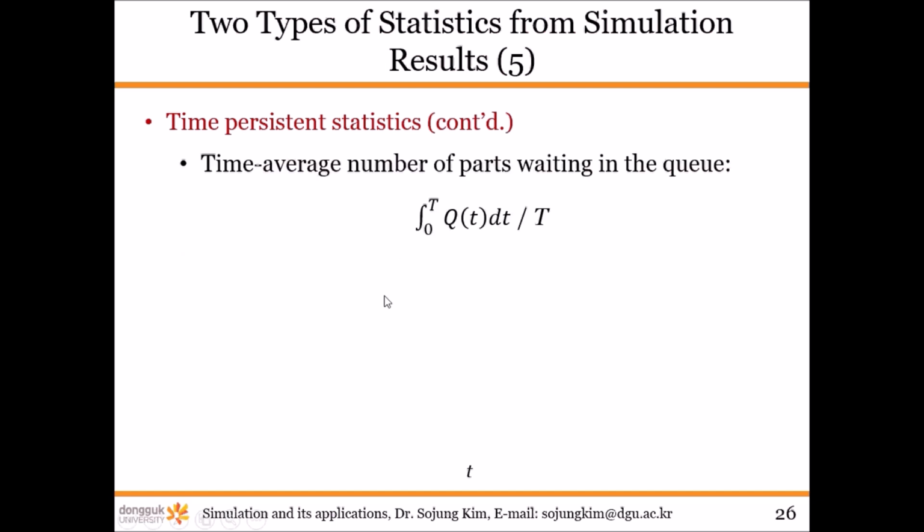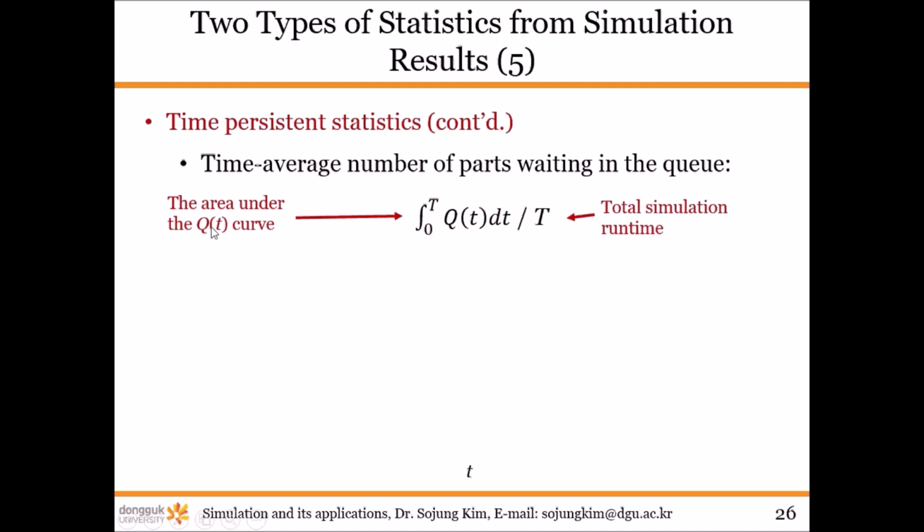And then the time-average number of parts waiting in the queue, for example, can be represented as this function. Because this is a time-persistent statistic, a function of time, you have to use integration to calculate the statistic. By using this integral sign, you can calculate the area under the Q(t) curve, thinking of basic mathematics.